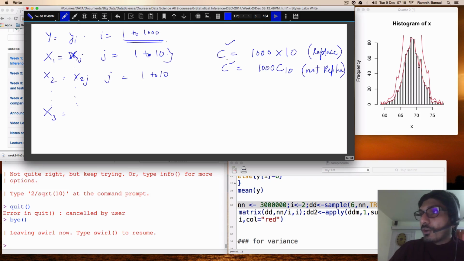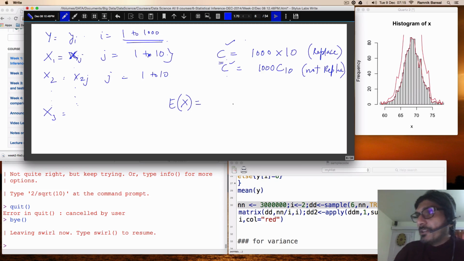So now, first of all, the expected value of x. Let's assume the case where I made the replacements, and then I'm selecting those 10 values.